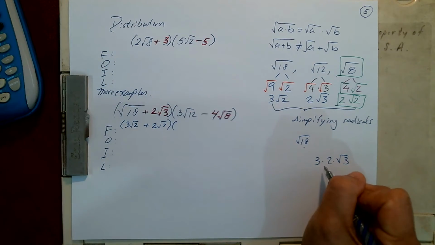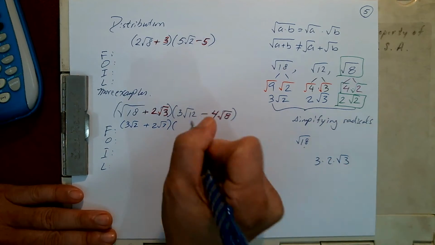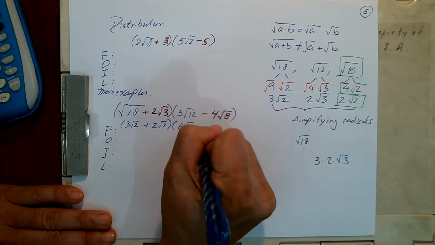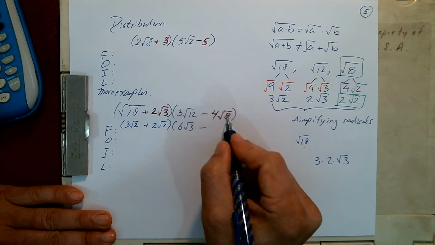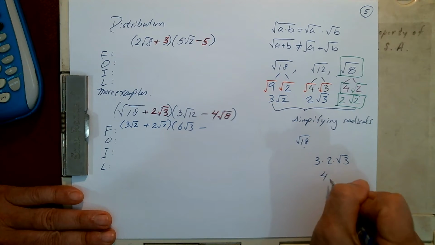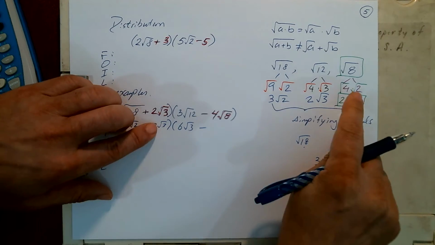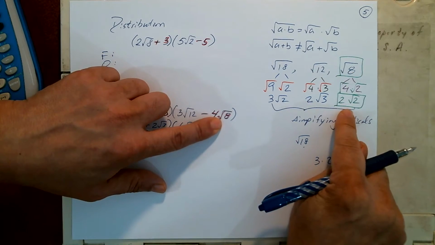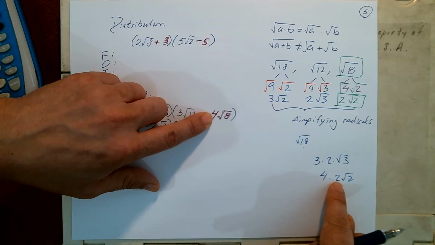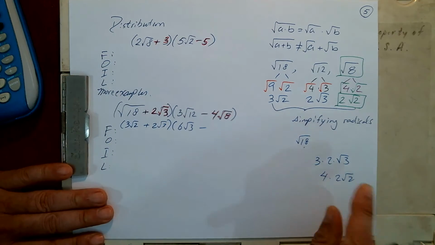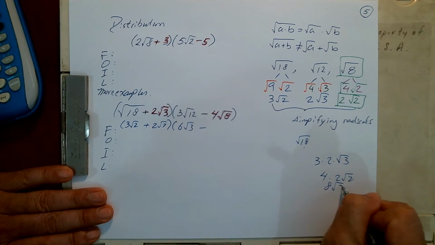Always multiply the outsides, okay? It's going to be 6 root 3. Minus, I know that root 8 was 2 root 2. 4 times 2 root 2. This is root 8. I got it from here. Substitute. You end up with 8 root 2.